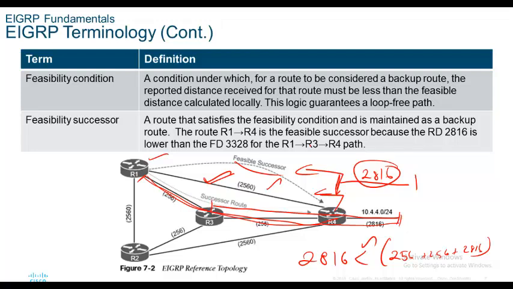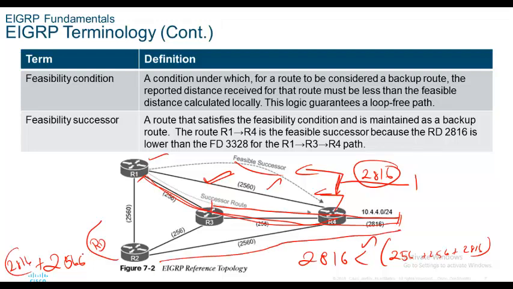The EIGRP topology table is a part of the DUAL algorithm and helps to identify a loop-free backup route. It contains all the network prefixes advertised within the EIGRP autonomous system. We have seen the topology table many times. You will see all the prefixes of that autonomous system learned from other neighbors, and also the primary and the backup path, the successor and the feasible successor route.